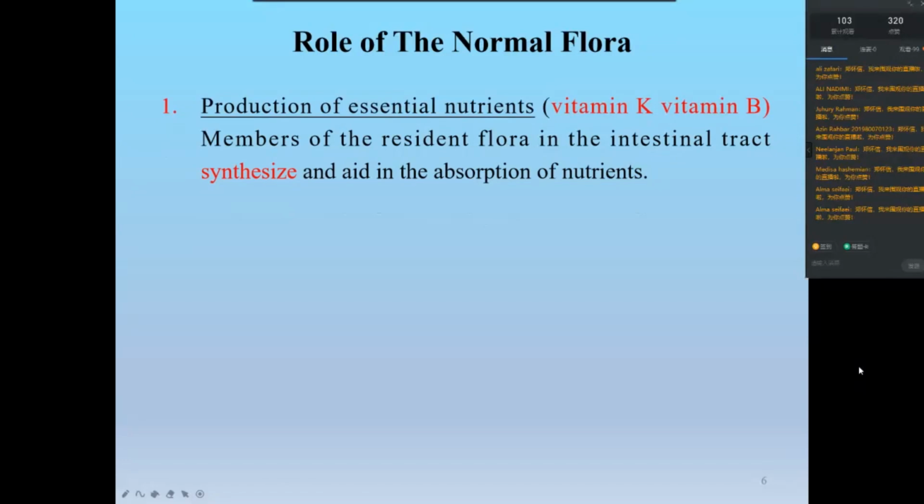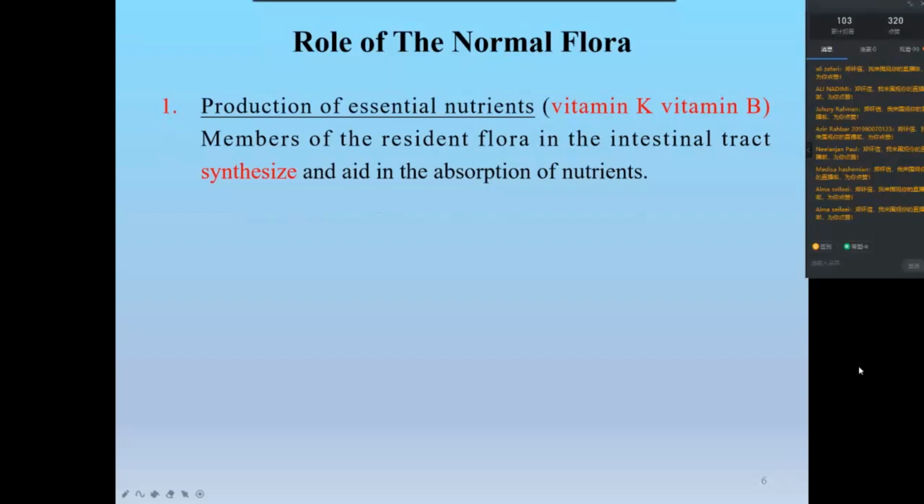You know, the microflora and pathogens are all microorganisms. They might share the same nutrient, for example, iron. Iron in our body is kind of limited, so they need iron to survive. But if the normal flora takes the majority of the iron, pathogens cannot grow because it's limited. So this is a competition for nutrients.